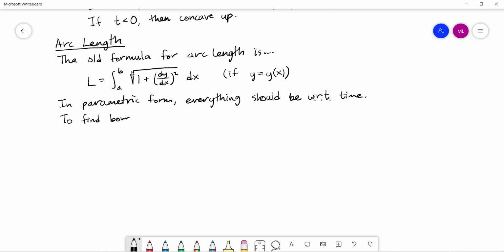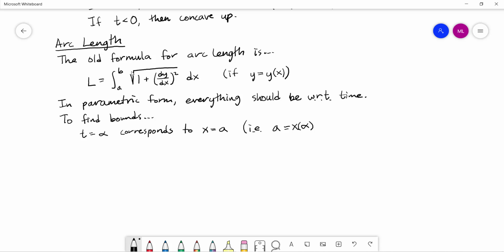To find the bounds of integration, let's assume that t equals alpha corresponds to x equals a. So basically what we're saying is that, in essence, if we plug in time equals alpha into our function x, so that x of alpha, x of the particular time alpha, it should spit out the value a.